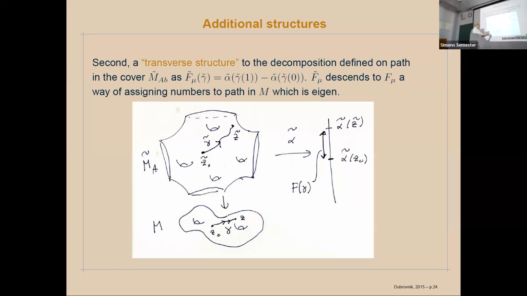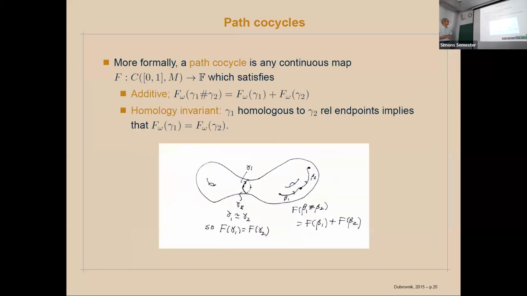That means if you perturb this arc and the new one is homologous to the old one, meaning the loop you make is zero in homology, then you get the same value out of this function F. This is some kind of transverse structure, and when we get to pseudo-Anosovs, it's going to be a transverse measure or a transverse Holder distribution, holonomy invariant. We'll say all that to come.